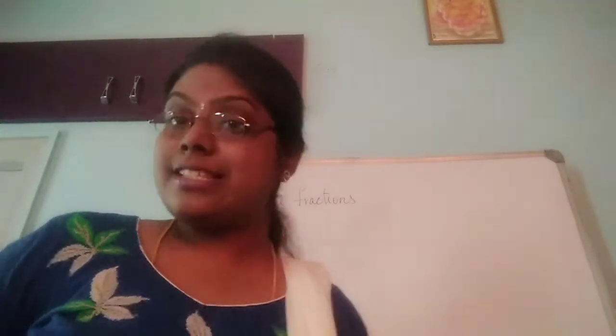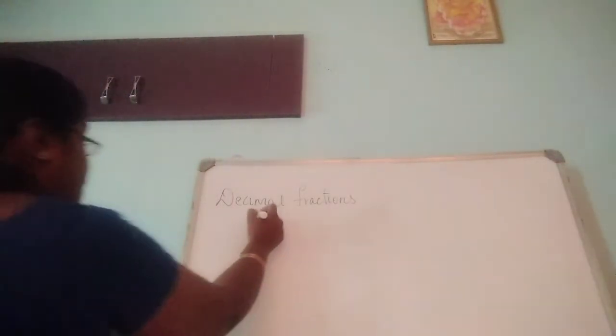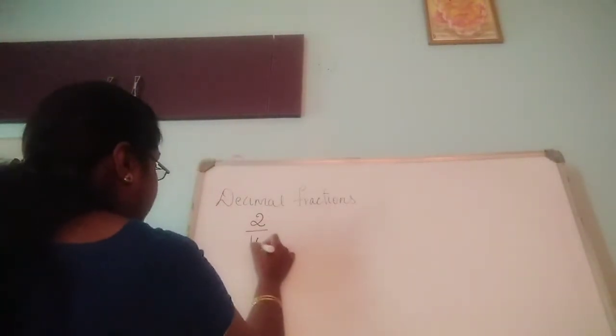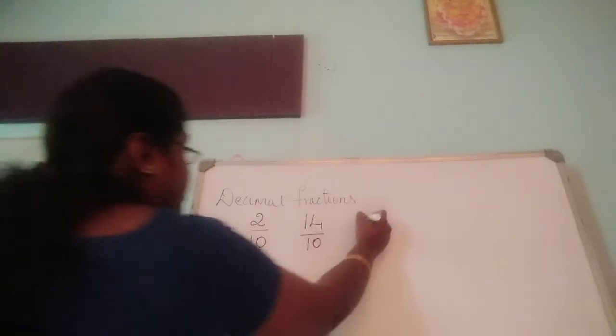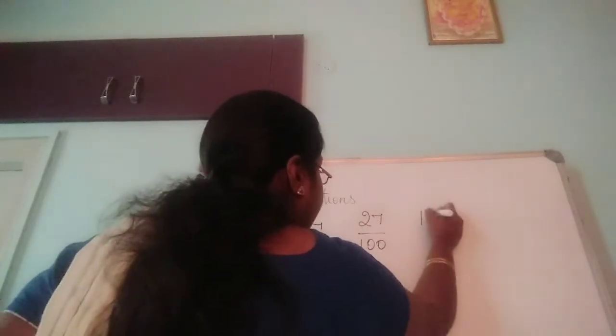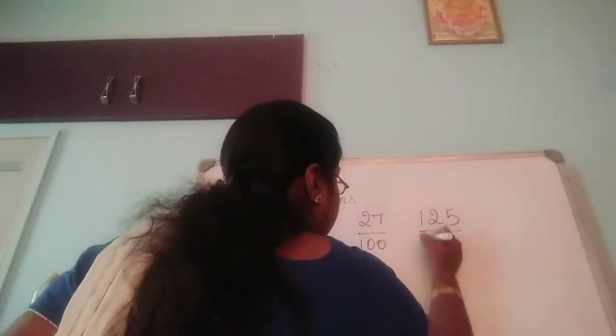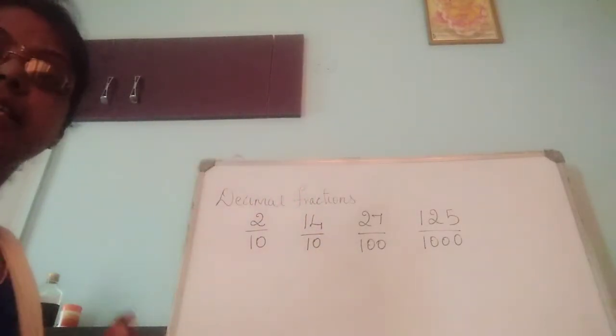Now let's write some examples for the decimal fractions. 2 by 10, 14 by 10, 27 by 100, 125 by 1000. So these are the examples for decimal fractions.